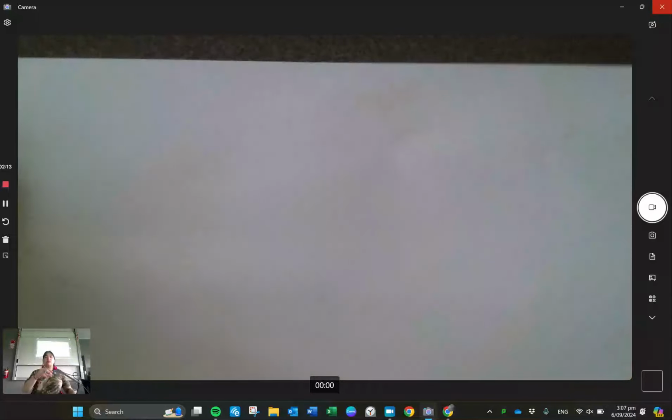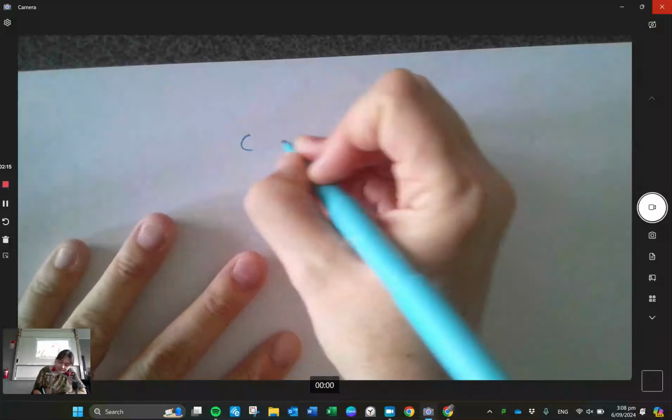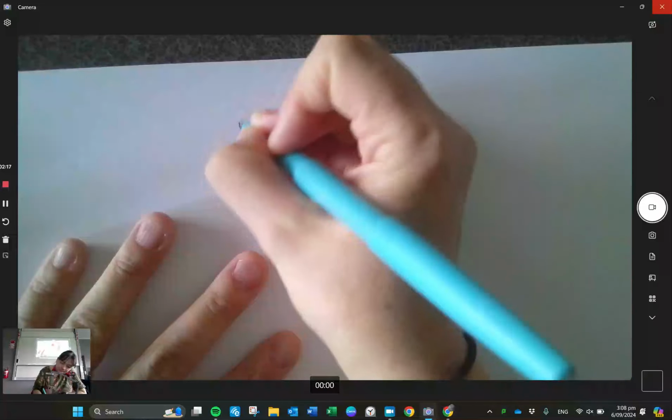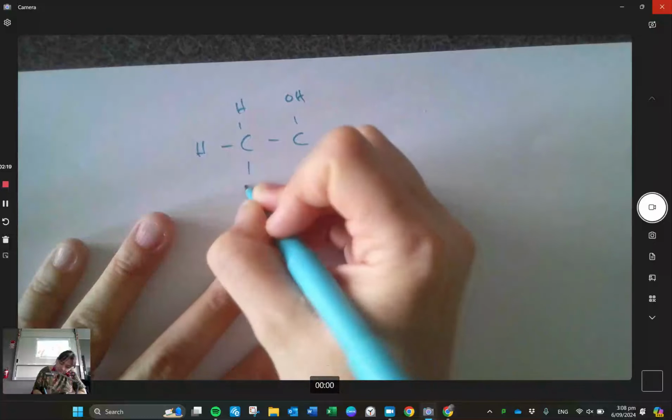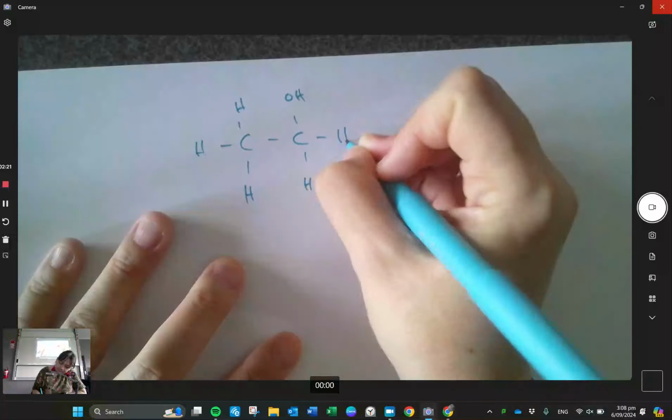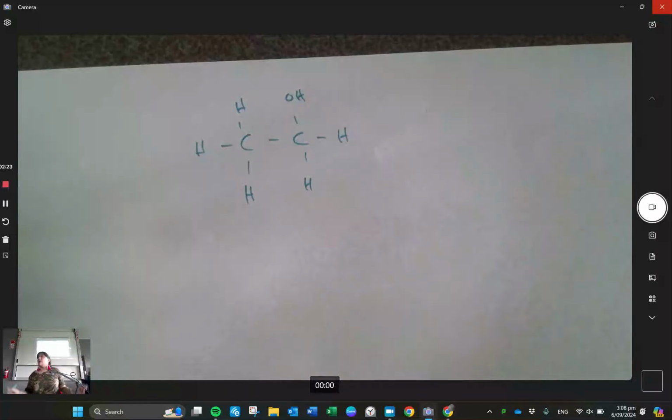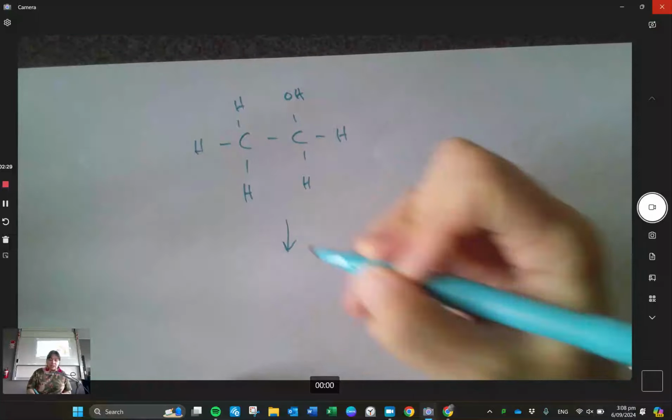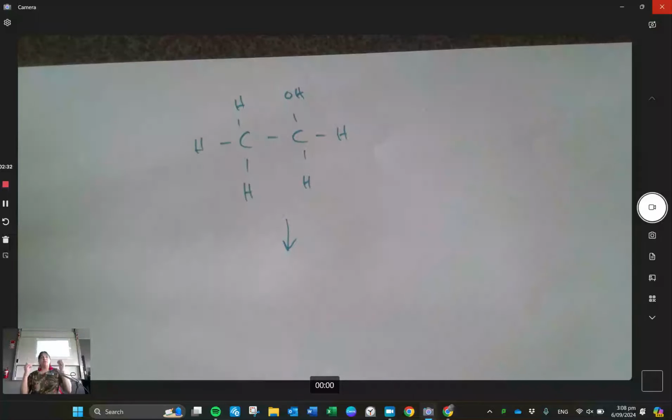So say, for example, I have an alcohol. That is a saturated molecule. We have maximized the number of bonds that those carbons can have. In an elimination reaction, it sounds like what it's doing, which is taking things away. You are eliminating things from the molecule.